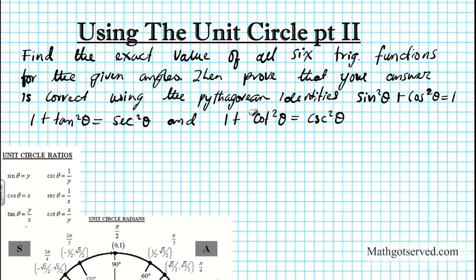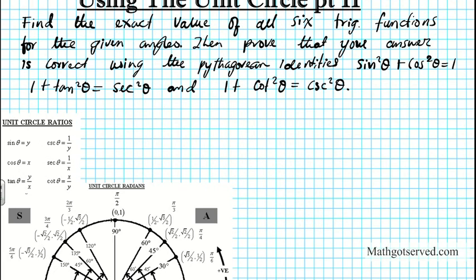So after finding all six, we're going to use these identities to prove that our answers are correct. All right. So let's go ahead and take a look at question number 1.